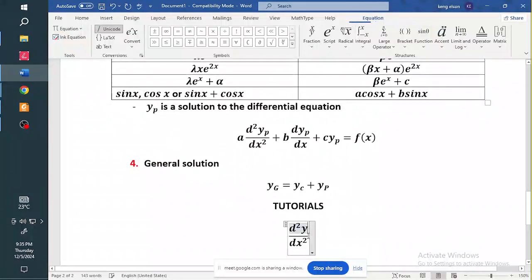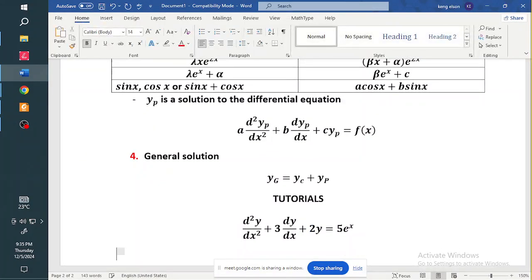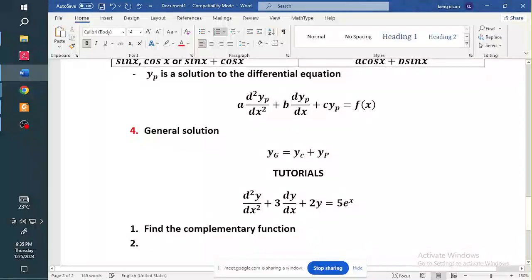Let us have a tutorial question. Imagine you have a differential equation, d squared y by dx squared plus 3 dy by dx plus 2y equal to 5e raised to the power x, and you are asked to find the complementary function, then find the particular integral.